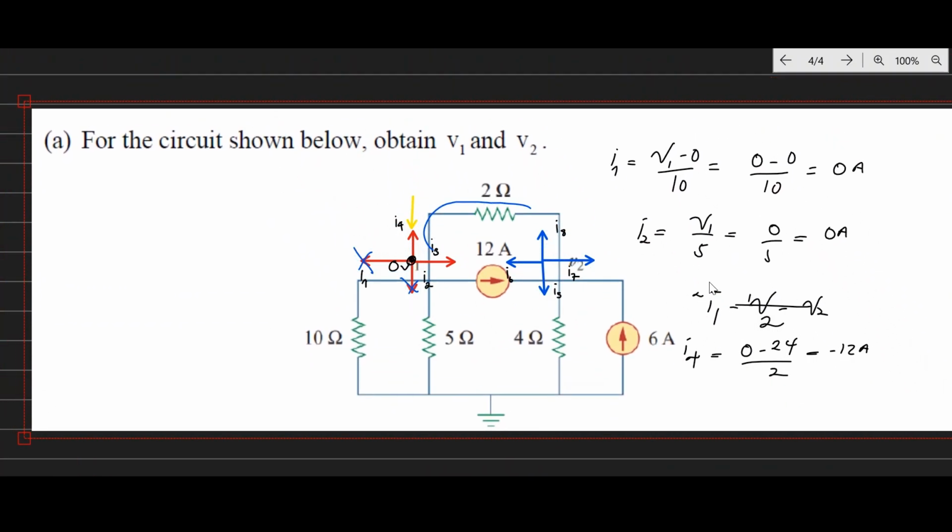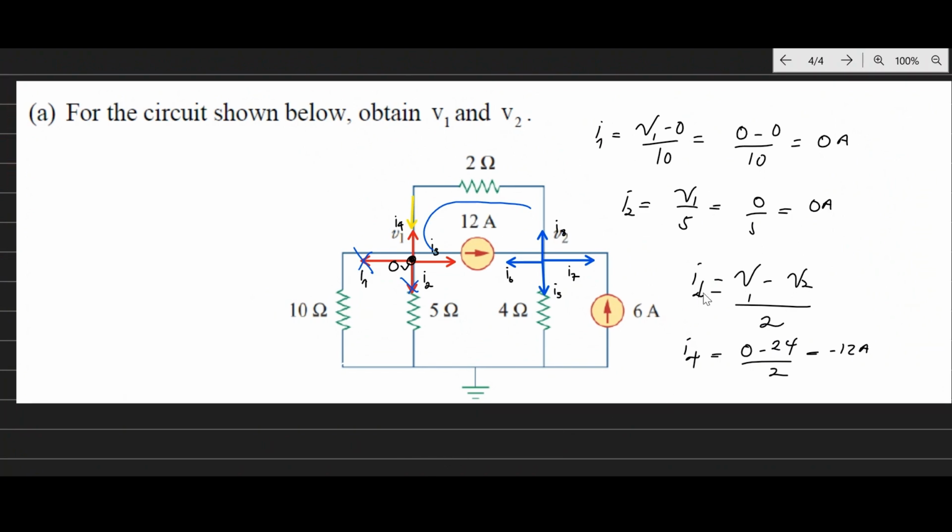Okay, we said I5 is equal to V2 over 4 ohms, right? That's what we said, because V2 minus 0. So V2 we said is 24, which gives 6 amps, right?